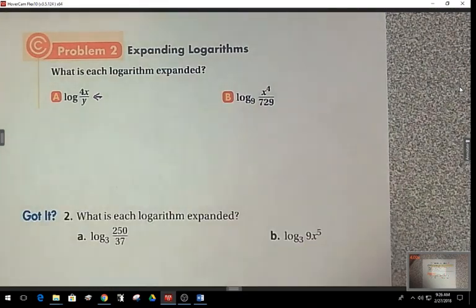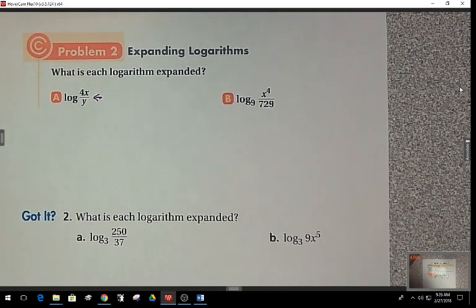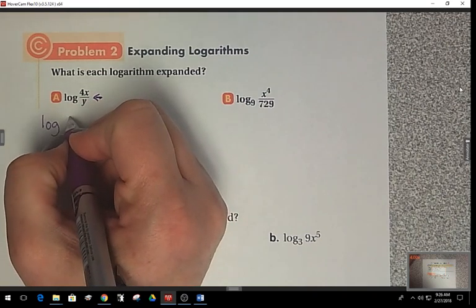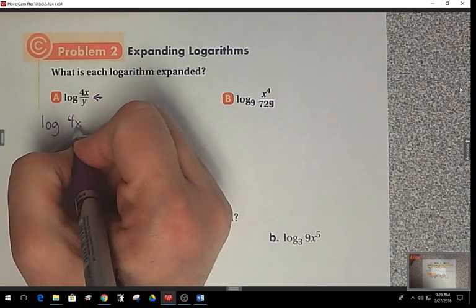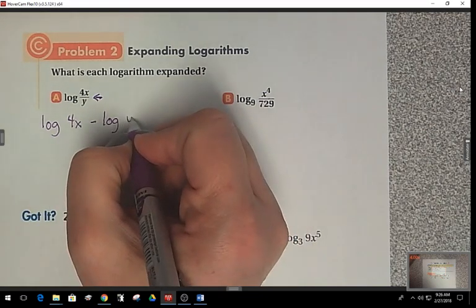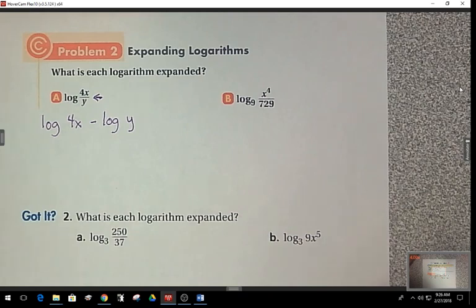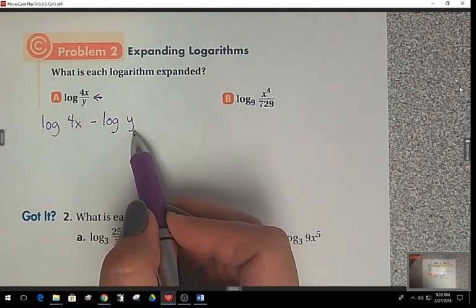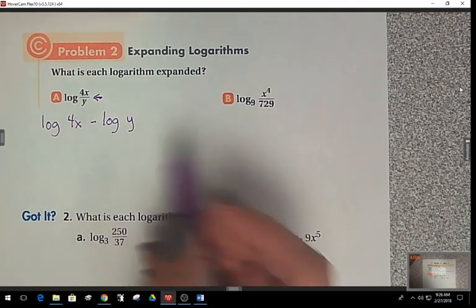And notice this logarithm doesn't have a subscript. It doesn't have a base written. So remember, it's base 10. So when I take log base 10 of 4x, I'm going to subtract log base 10 of y, because I just took the top one minus the log of the bottom one, separated it out.